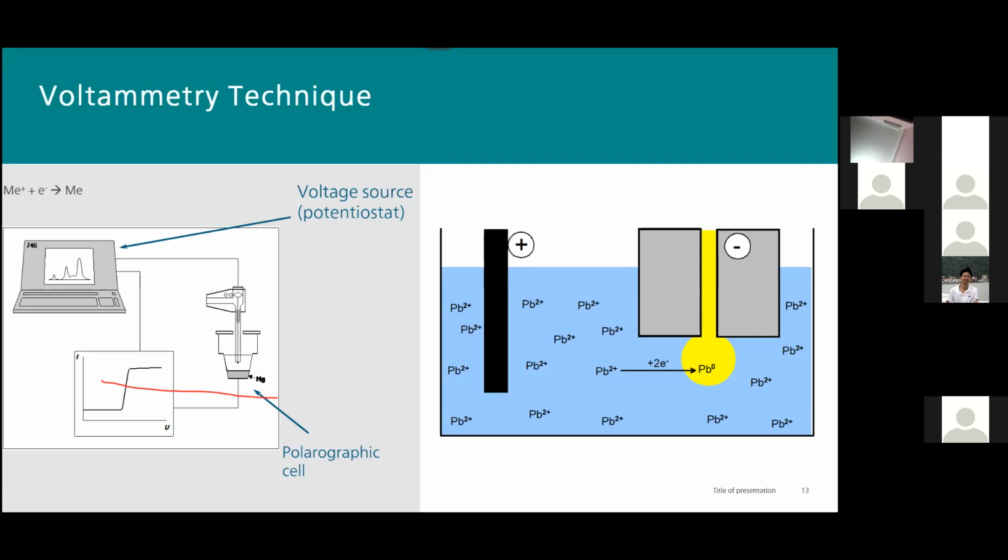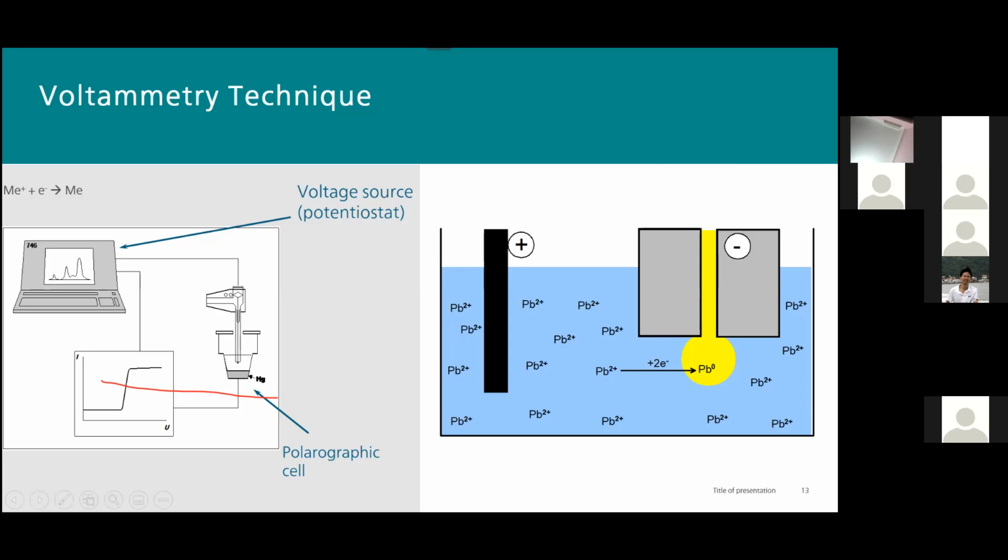When it moves to the cathode and the reduction potential of the lead is reached, the ion will be reduced to the metal. The metal will be dissolved in the mercury.